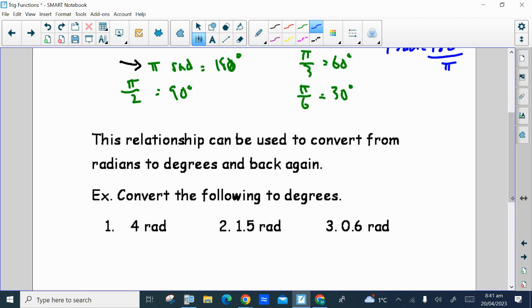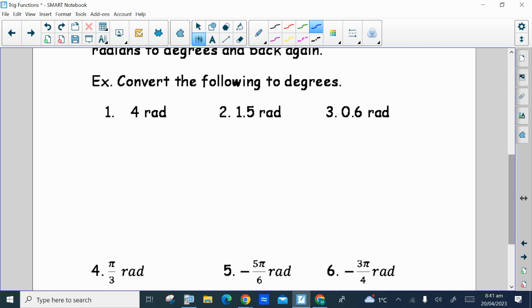What you have to remember is that the number of radians as a number is always going to be much smaller than the number of degrees. So the number of degrees as a number is much larger than it is in radians. In this case, our answer has to get larger, and we can get it by taking the 4, multiplying by 180, and dividing by pi.